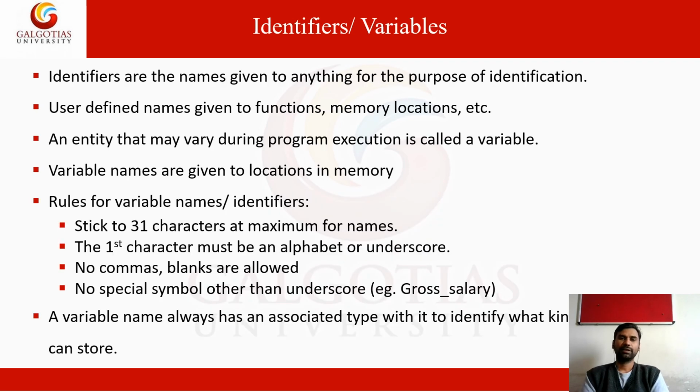So what are identifiers? These are names, usually for the purpose of identification. They are the variable names you give to memory locations. The maximum length of a name is 32 characters, and the first character should be an alphabet or underscore.